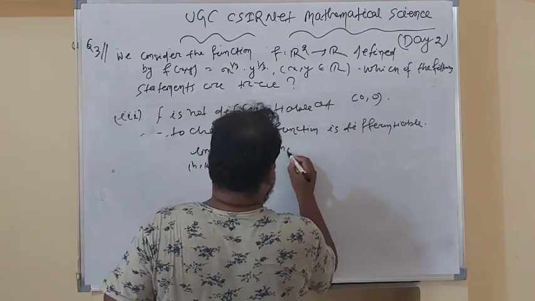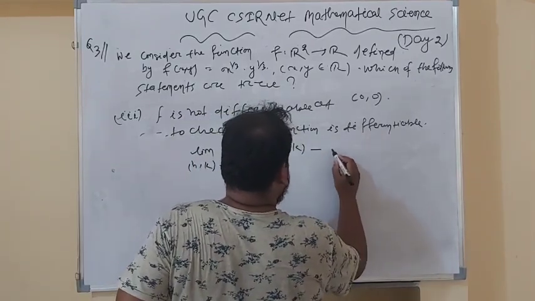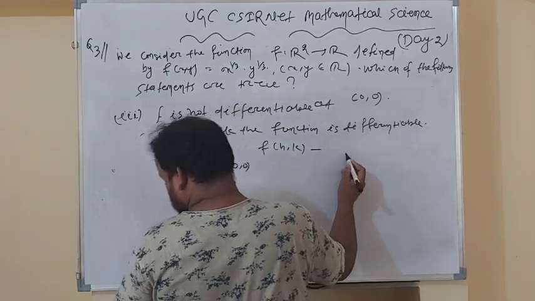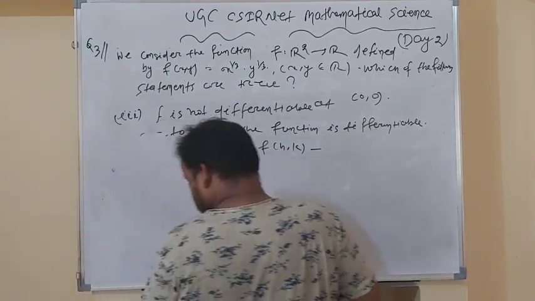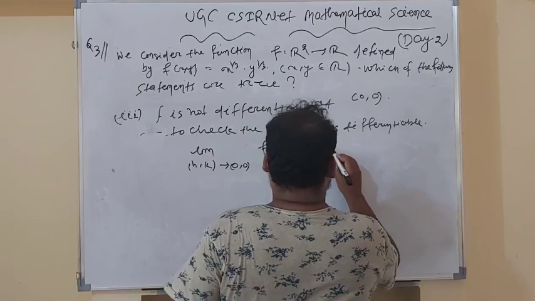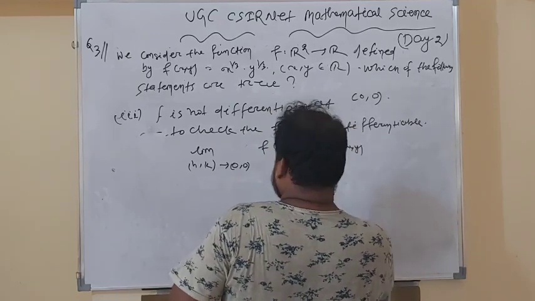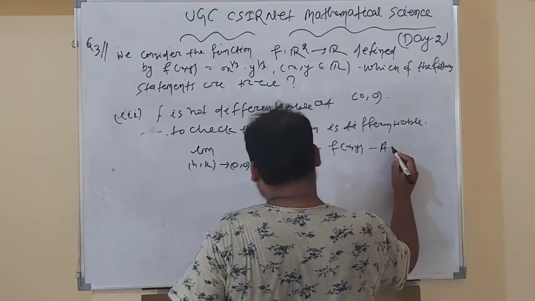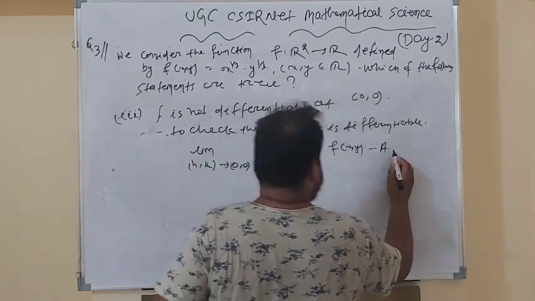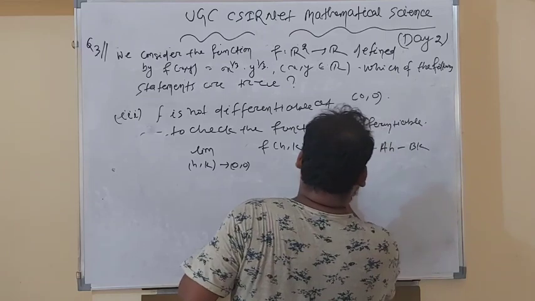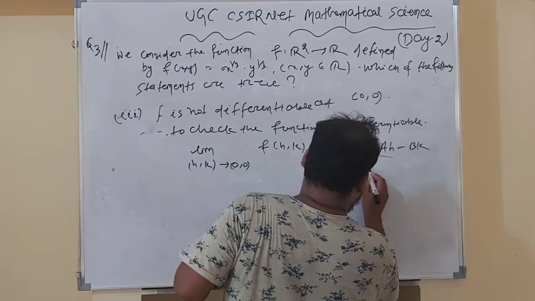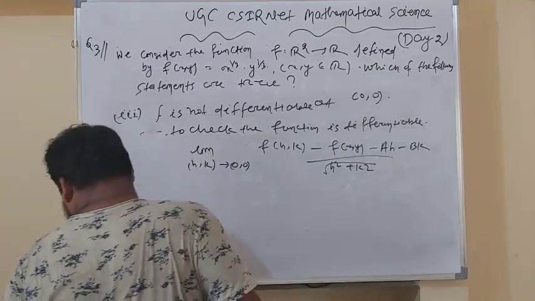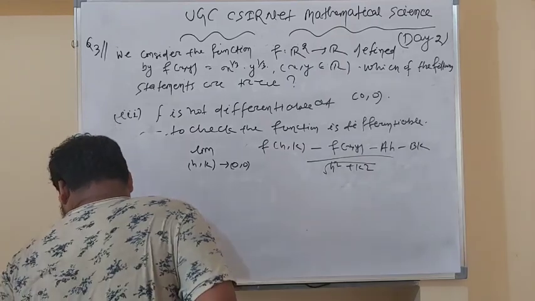Function of (h,k) minus f(x,y) at this coordinate, minus a times h minus b times k, over the square root of h squared plus k squared.